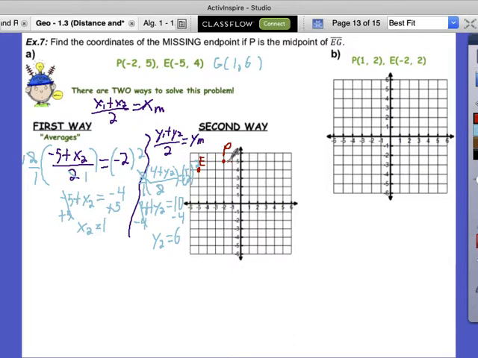So I'm going to go up 1 from P to our endpoint G. If I went over 3, up 1, similar to slope, when we counted rise over run, I went up 1 over 3. Same idea. Up 1 over 3 more, and now P's exactly in the middle. And I know my G's at 1, 6, which is what it is.